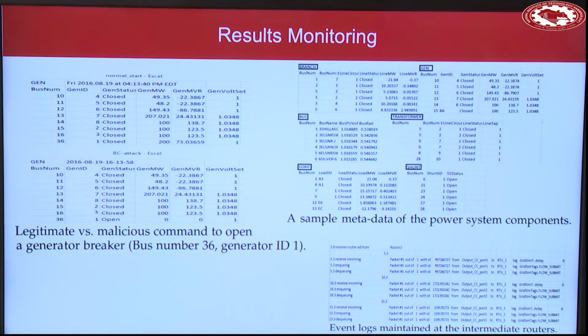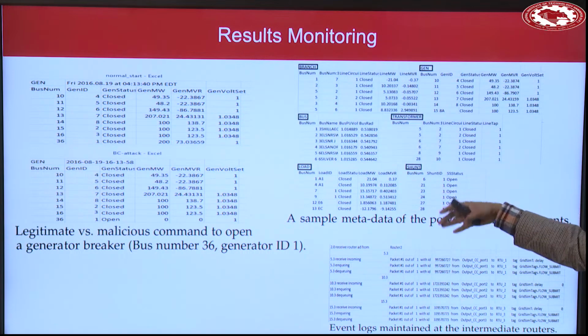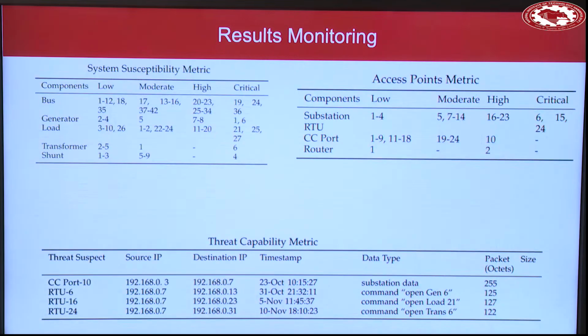These are the power system quantities. So like you got buses, you got generators, their capacity, transformers, and loads, and other things. We are also kind of keeping, as I said, logs on the communication side. How many routers you got, what time they are sending packets, what is the size of the packet, and so on. And you derive certain matrices, system susceptibility, access point matrix.